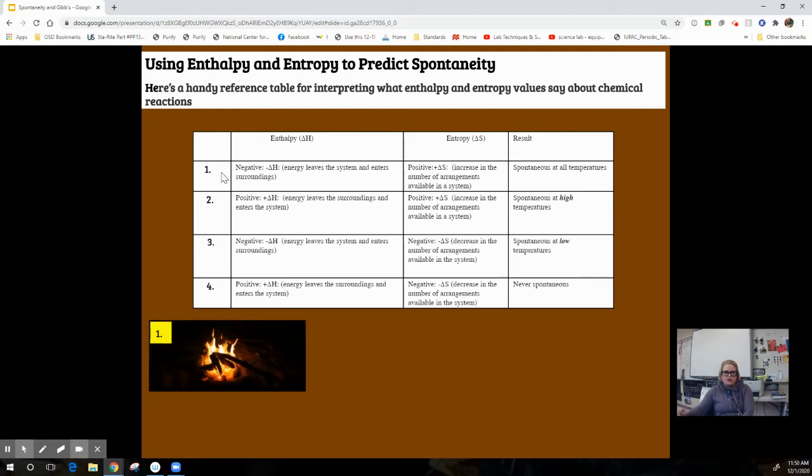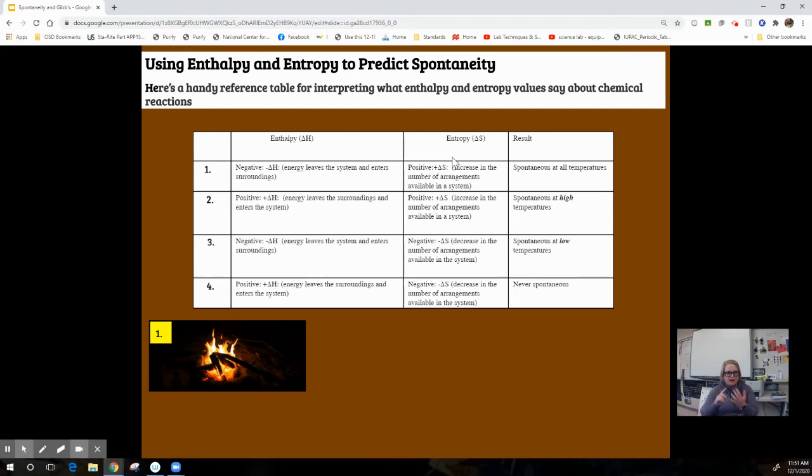Let's look at row 1. And my example for row 1 is, again, wood burning. So when I burn wood, the enthalpy will be negative because heat is leaving the system and going out into the surroundings. The entropy is going to be positive because I'm increasing the number of arrangements that the particles can take.